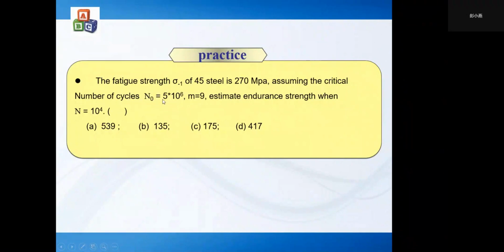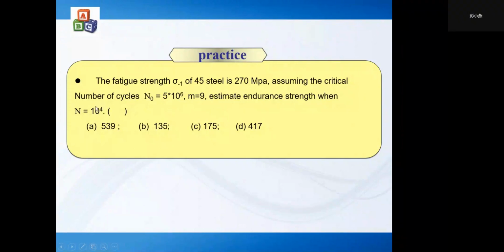So use this as n0, and m is this. Estimate the endurance stress when n is the first power of 10.